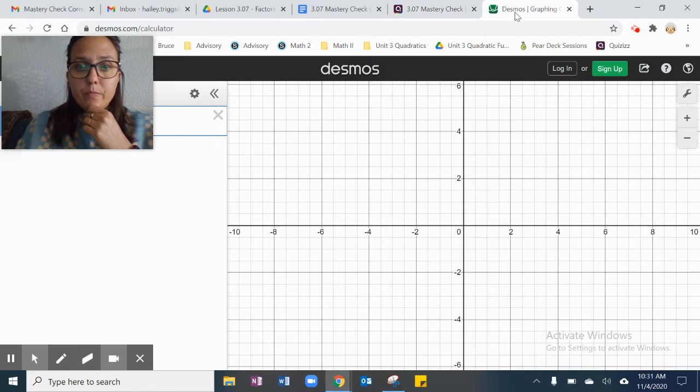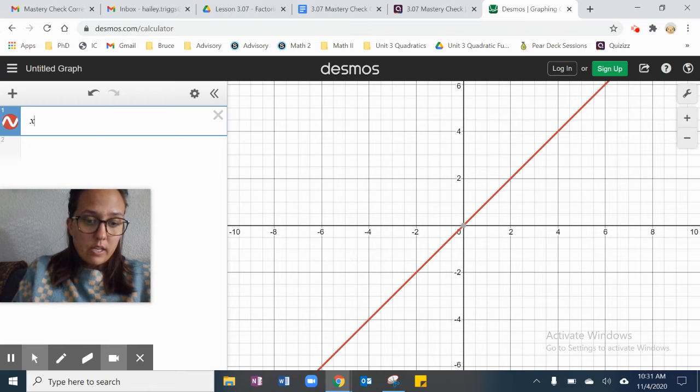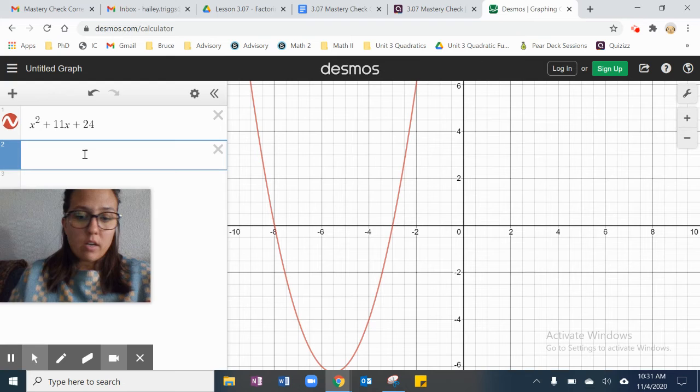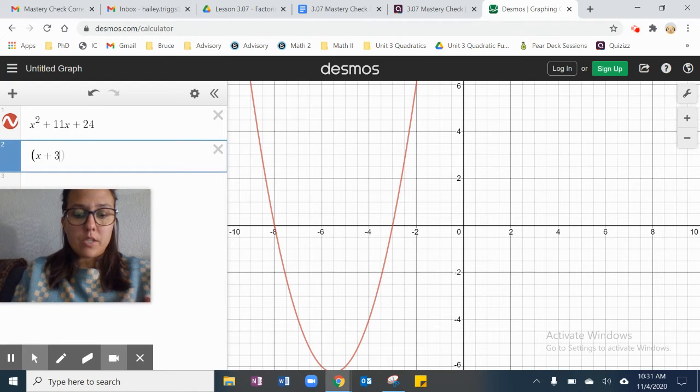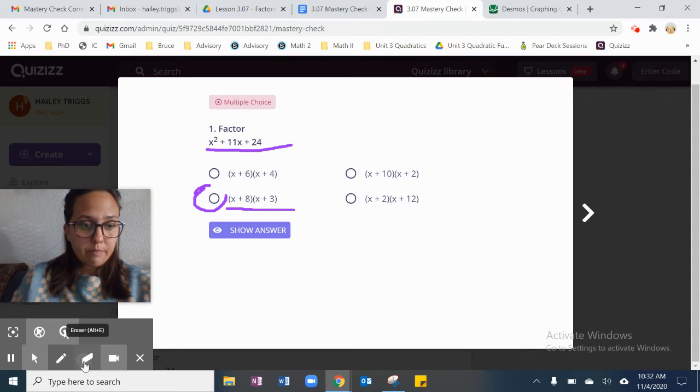So we have x squared plus 11x plus 24, and then our factors were x plus 3 and x plus 8. Great, the red and the blue are on top of each other, so we got it correct.